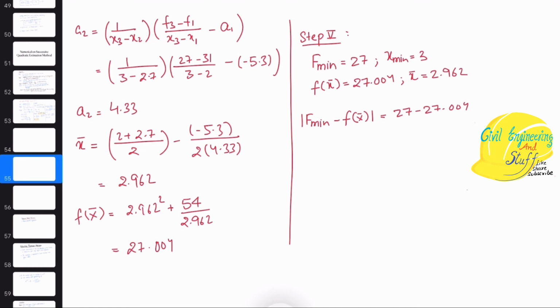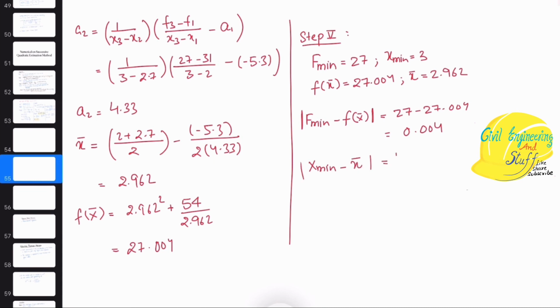Here we have mod, right, and any value irrespective of the sign after mod we have positive, right, so this will be 0.004, and then we have x minimum minus x bar.